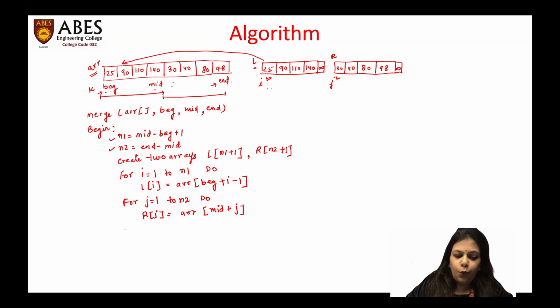Afterwards, we are going to store infinity into the last element. This is just a theoretical concept, as we are going to store by comparing the elements of L and R. So we are considering that if L has reached its last element, so that it is infinity, then all the elements of R before infinity will be stored in the ARR array, right?